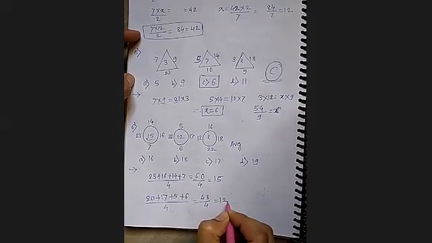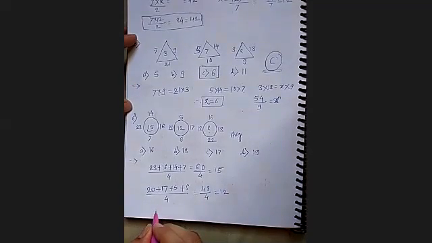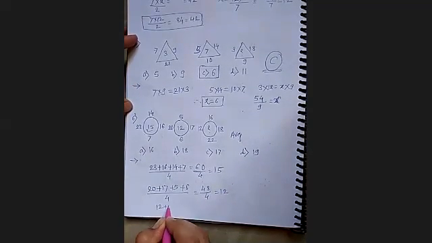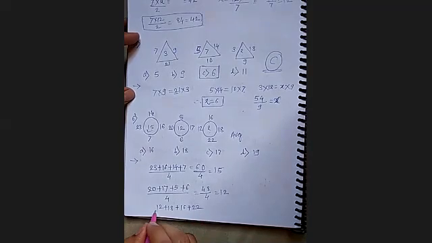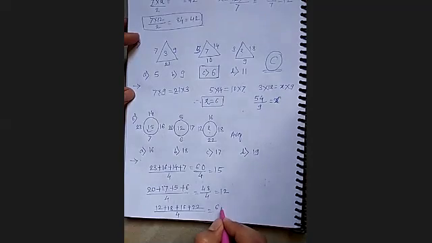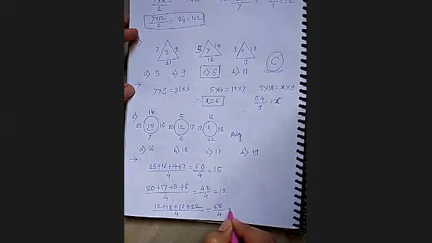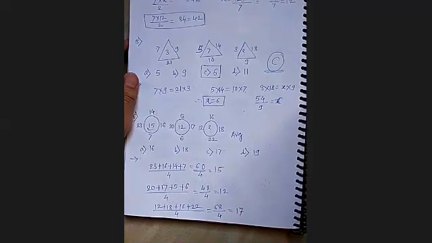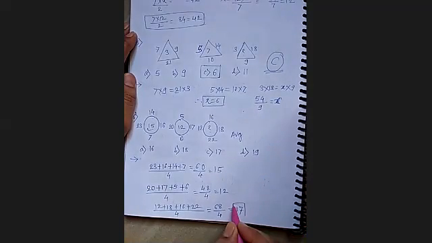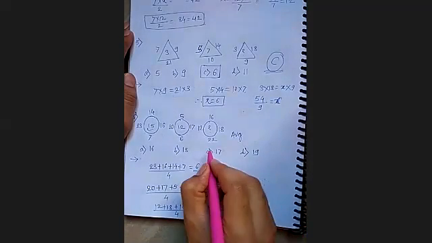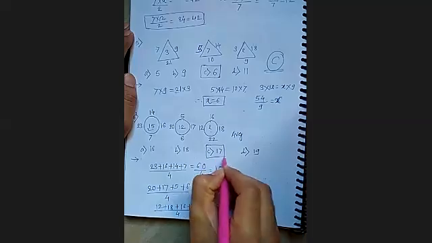So it has to be 12. Likewise, 12 plus 18 is 30, plus 16 is 46, plus 22 is 68, divided by 4. It has to be 17, right? So the option C is your answer.